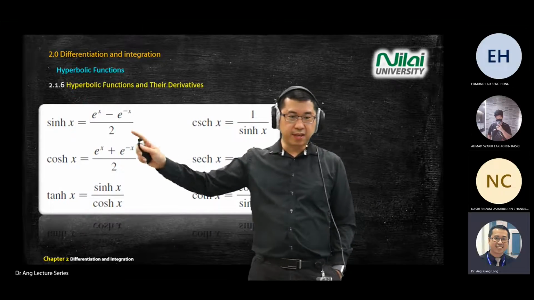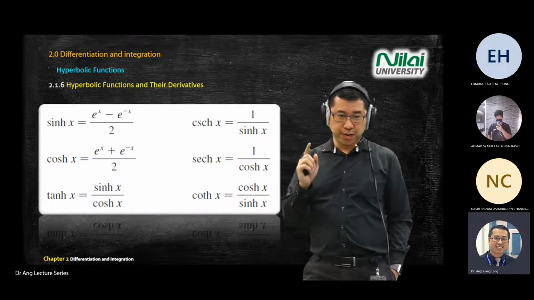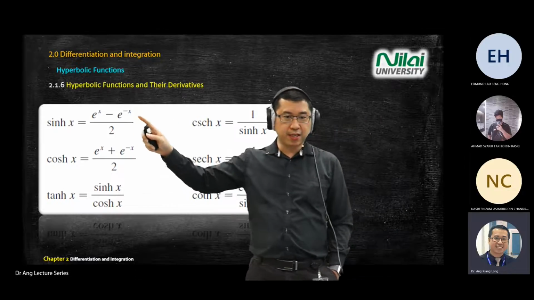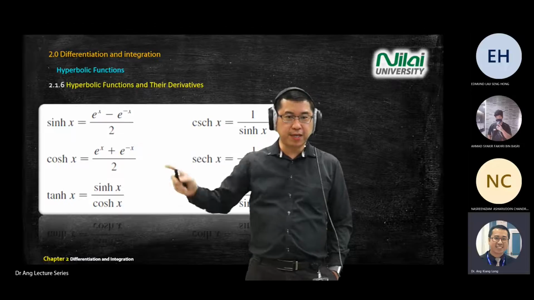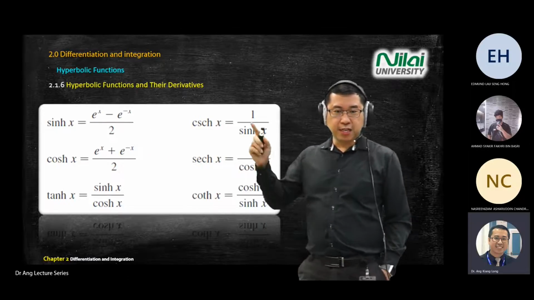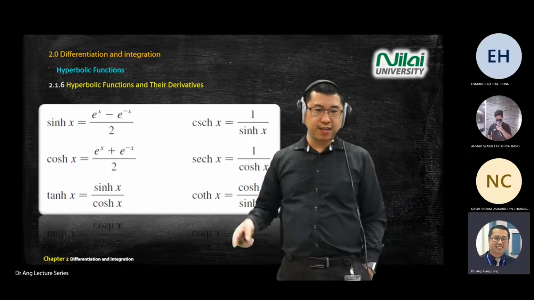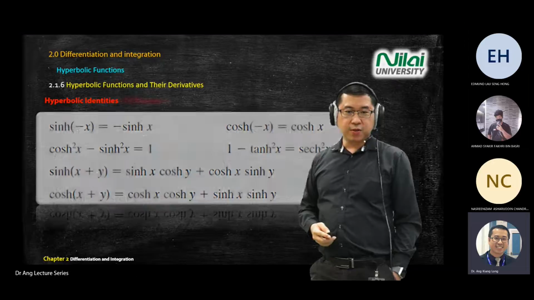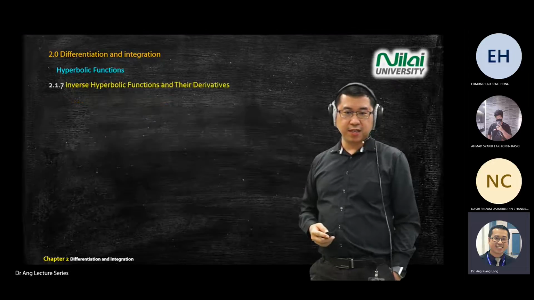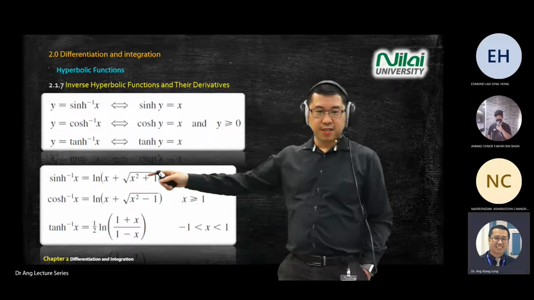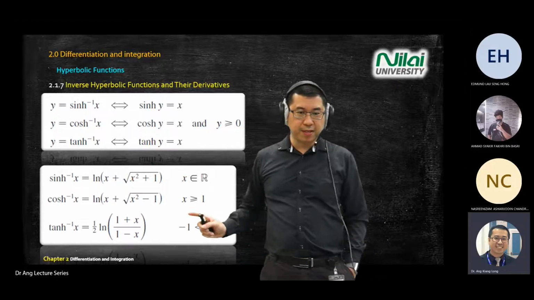There are different tables to refer to. It depends on the question. If the question asks for the answer in e power something, or you see e something in the question, you use this table. If in the question you see ln, then you use this table.